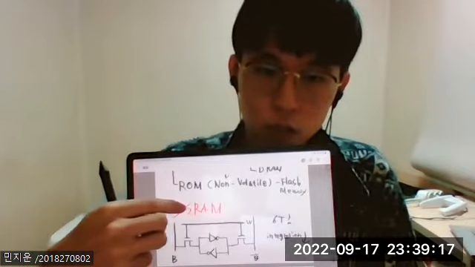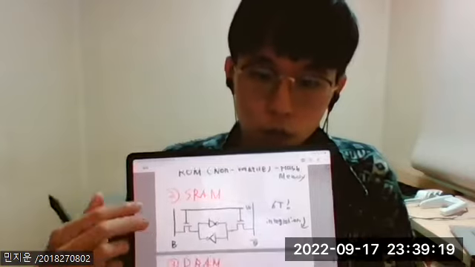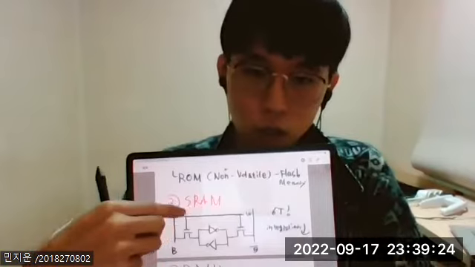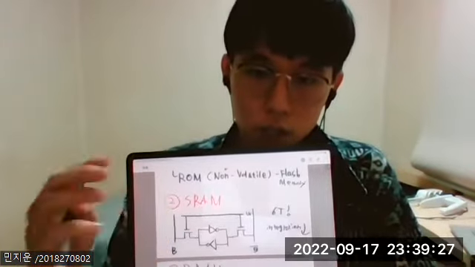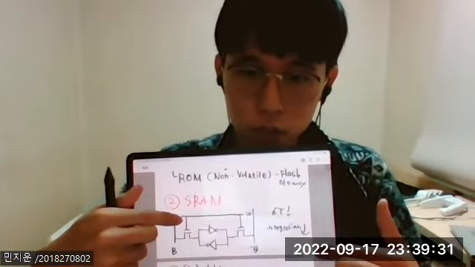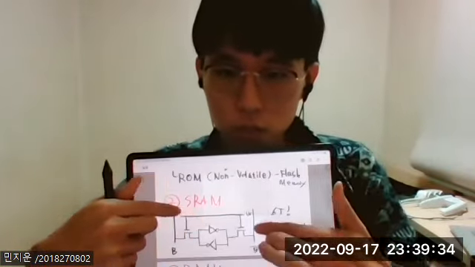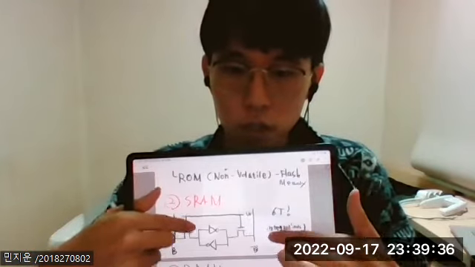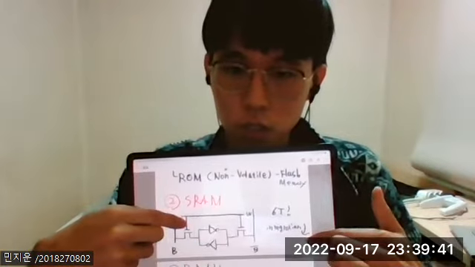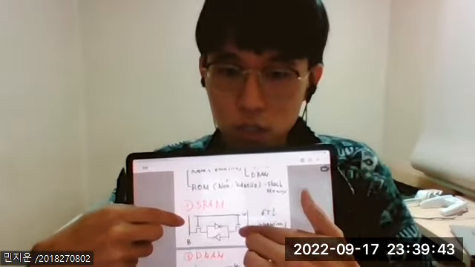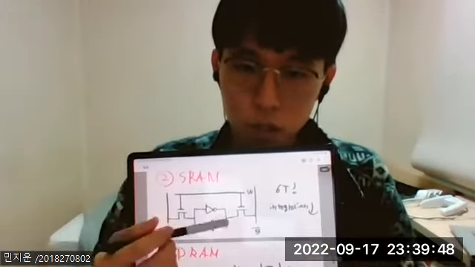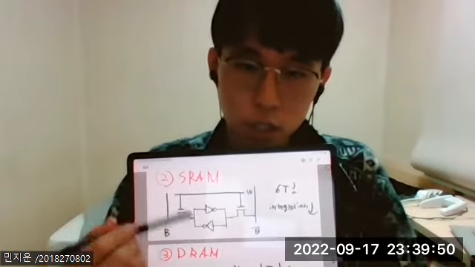SRAM is the static random access memory. This one has 6 transistors: 2 transfer transistors and 4 transistors in the latch.